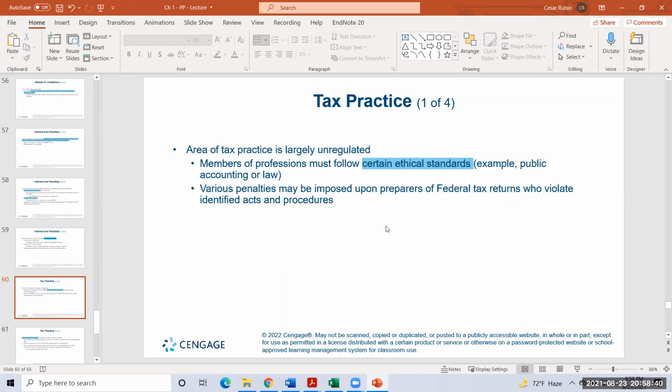Just being ethical about the whole process, because if you do get audited, it can get pretty nasty. You don't want to mess with the IRS. So I would suggest to just be transparent, just do the right thing.